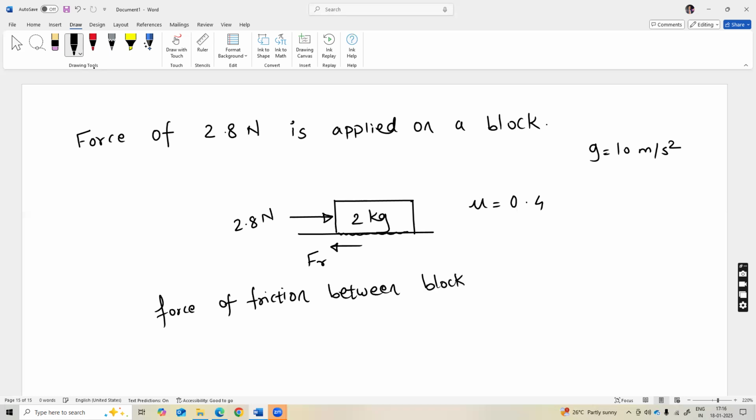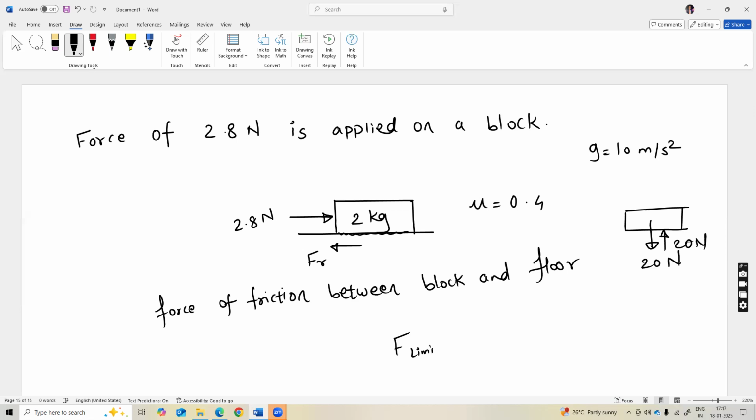As we know, first we find out the normal reaction. Since 2 kg is the mass of this block, mg is 2 into 10, that is 20 Newton weight acting downward.